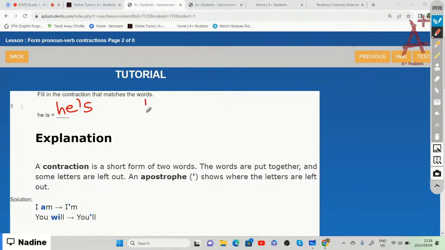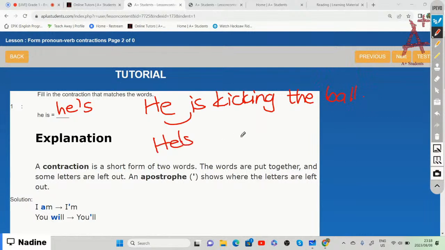So we can say he is kicking the ball, right? Instead of saying he is kicking the ball, we can say he's kicking the ball, and that shows the contraction. Let me write it properly, just so that we can see it more clearly.